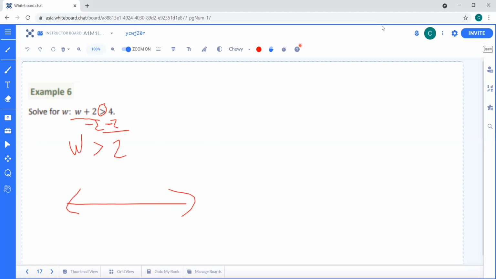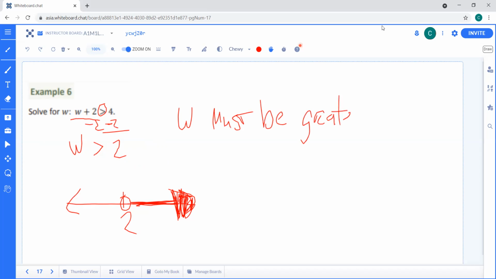So we would write that as 2, but it's got to be greater than. It cannot include 2. So we'd have an open circle, and we'd go to the right of anything that would work. So we would say, for the solution set, W must be greater than 2.